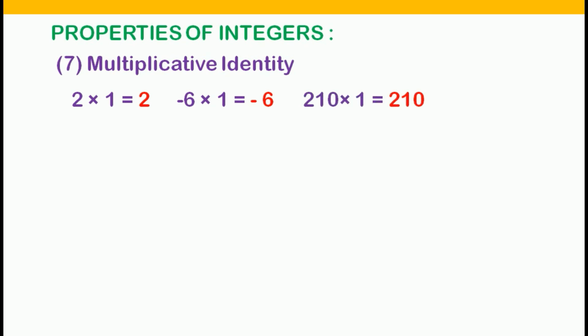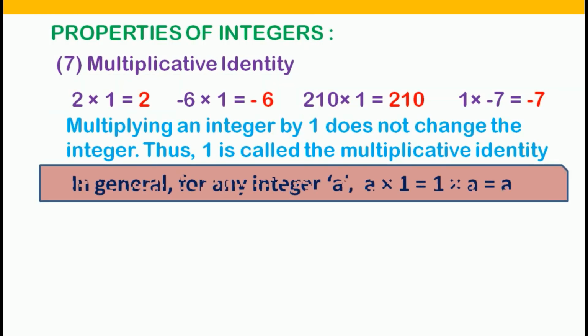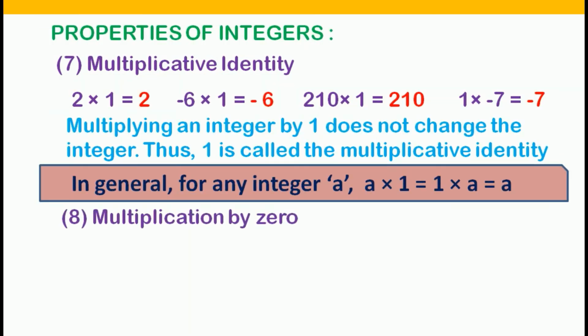Minus 6 into 1 is equal to minus 6. 210 into 1 is equal to 210. 1 into minus 7 is equal to minus 7. Multiplying an integer by 1 does not change the integer. Thus, 1 is called the multiplicative identity. In general, for any integer a, a into 1 is equal to 1 into a is equal to a.